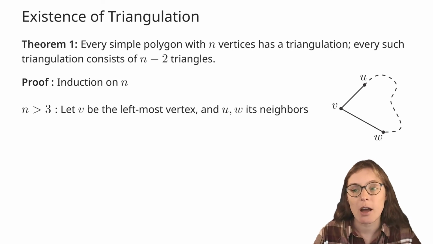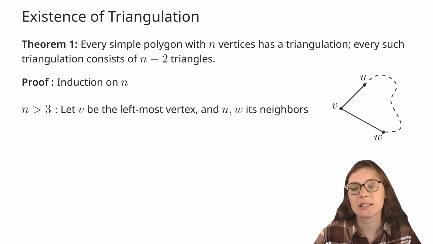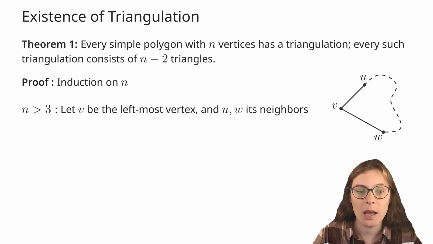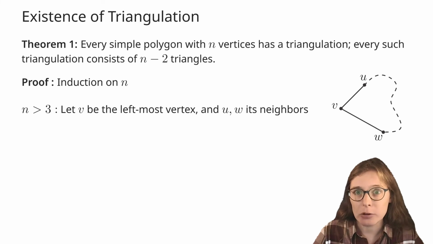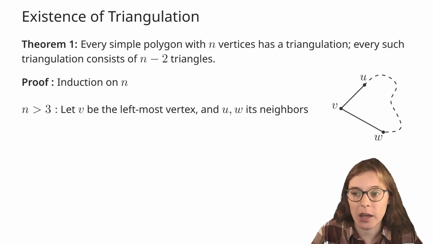Suppose we have a polygon of size n that is greater than 3. Then let's consider the leftmost vertex v, and let's denote its two neighbors u and w. Now let's consider the edge uw. There can be two cases.